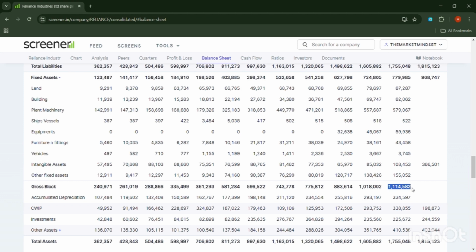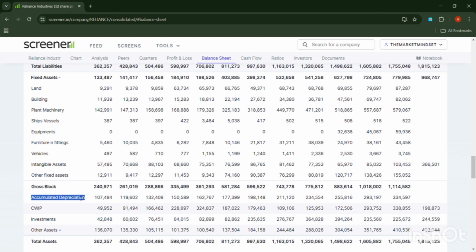Next comes the accumulated depreciation. So basically, in simple terms, a company's assets like machines, buildings, vehicles, when they are used, their value decreases over time. The decrease in the value is recorded as depreciation. Accumulated depreciation shows the total reduction in value of an asset since it was purchased.